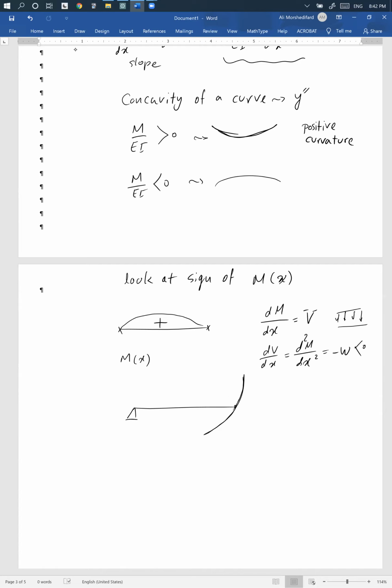Okay, so I want to plot the approximate deformed shape. I know that moment is positive, right? So I can plot something like this for the approximate shape, or I can plot something like this. Because we know M is positive, this one is out of the picture. So this becomes the approximate y of x.